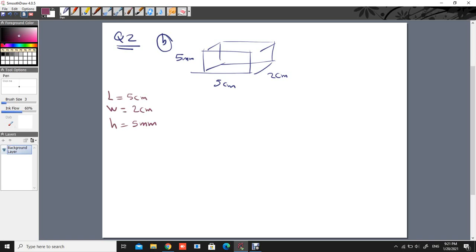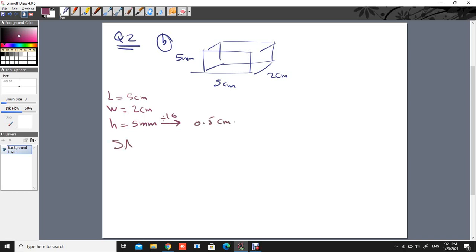You can change all centimeter to millimeter or millimeter to centimeter, that's up to you. So here I have to divide by 10. So 5 divided by 10, 0.5 centimeter.